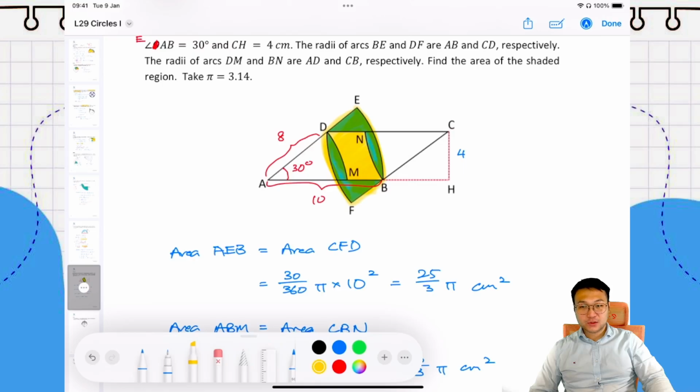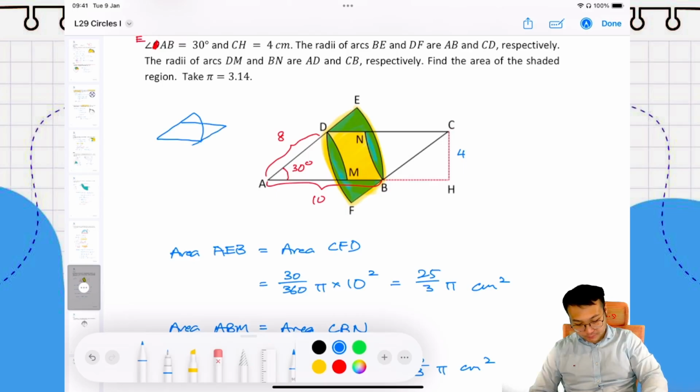If I were to take a pizza, multiply it by 2, let's say I add another pizza, I add these two together, and then I minus the parallelogram, minus this parallelogram, that will give me the area of BEDF.